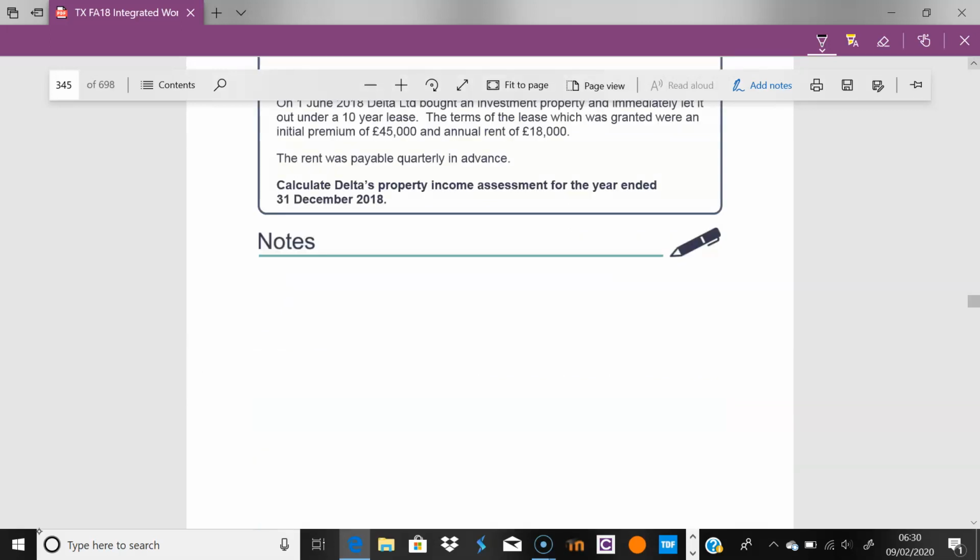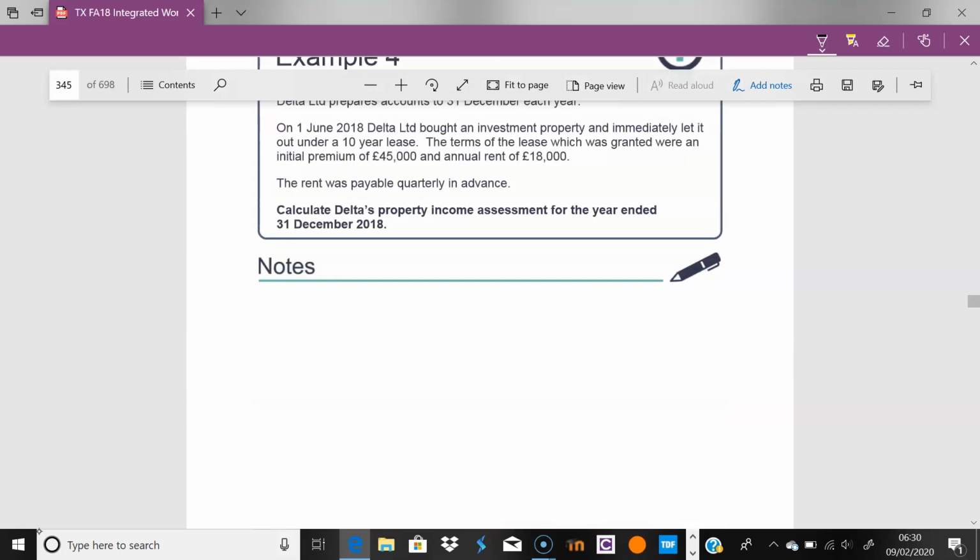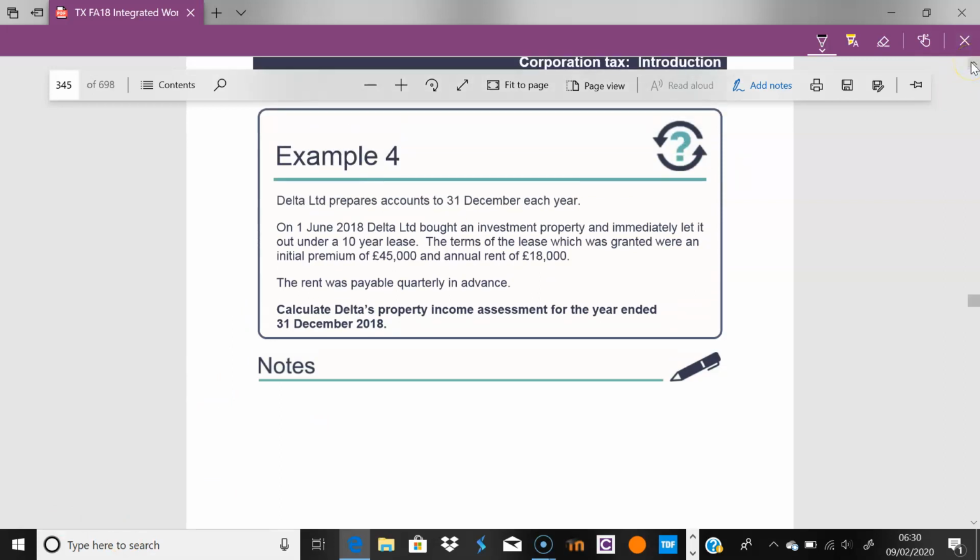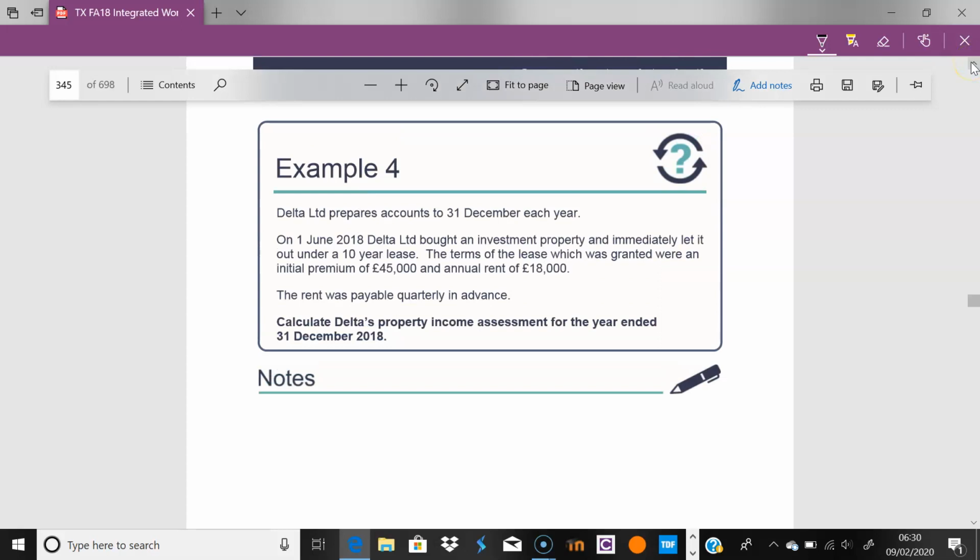So look at this example again. What you want to make sure you're careful of, which is classic in Section 8 questions, is dealing with the dates. Because it says the 1st of June 2018, you want to make sure that it's accrued. And this is to the 31st of December. So you only want to deal here with 7 months of annual rental income, and then work out the lease.